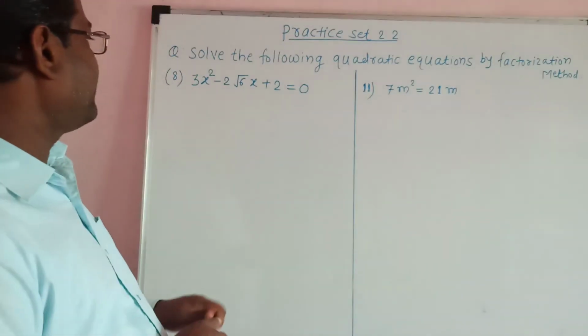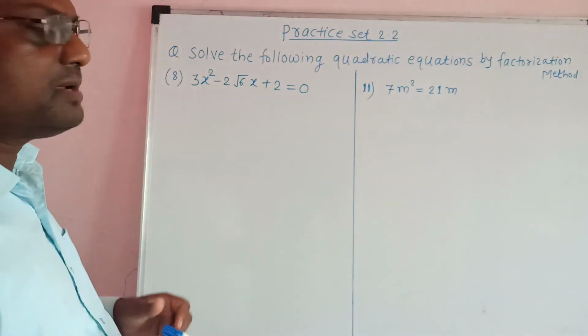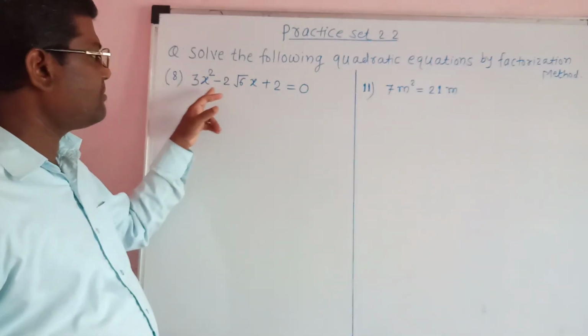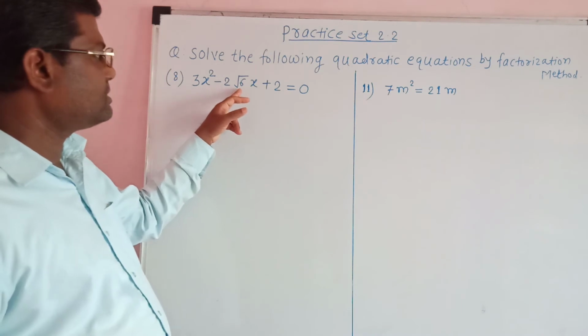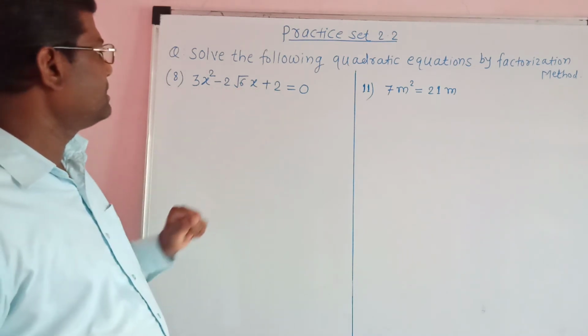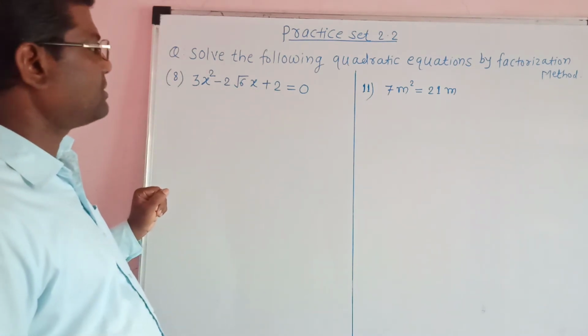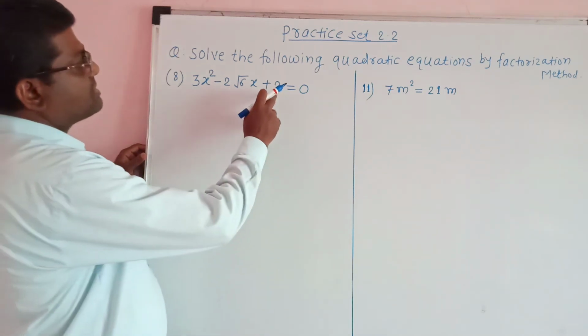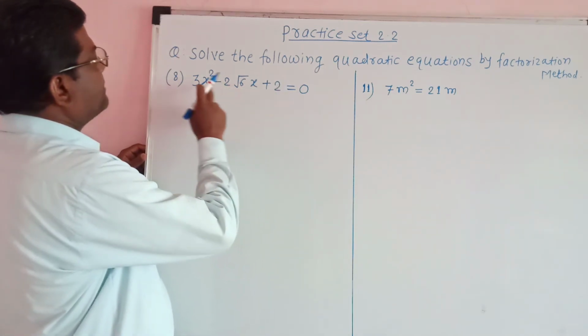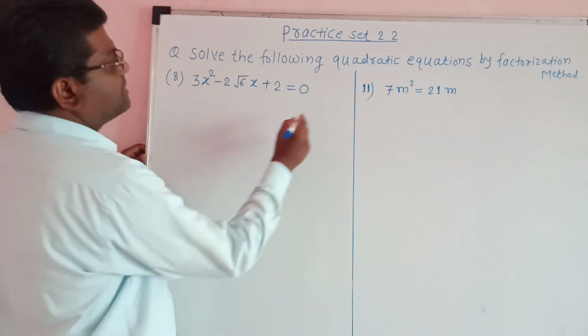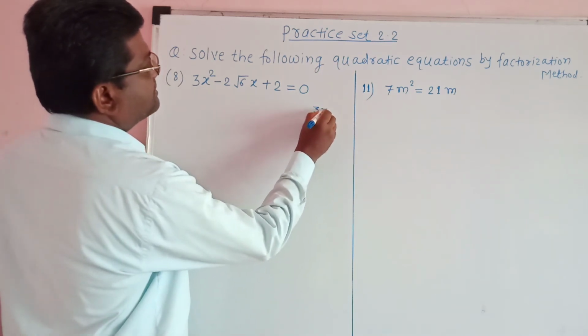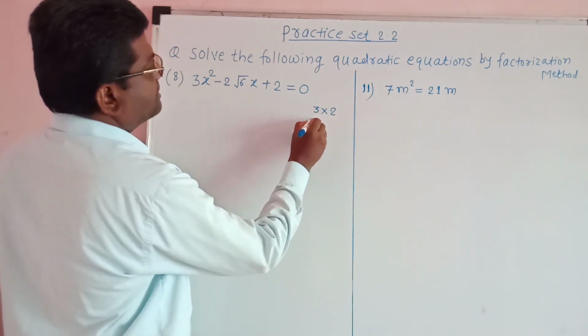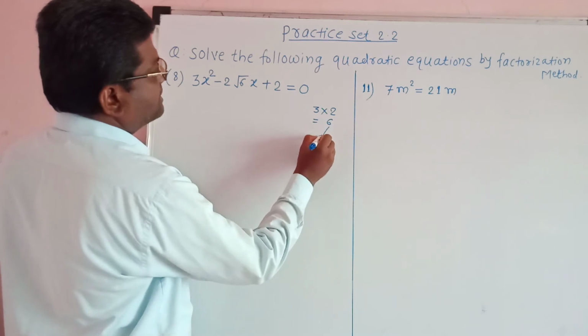Now, question number 8. Question number 8 is 3x square minus 2 root 6x plus 2 is equal to 0. Now here the constant term is 2 and the coefficient of x square is 3. Therefore, here we get 3 into 2 is equal to 6.